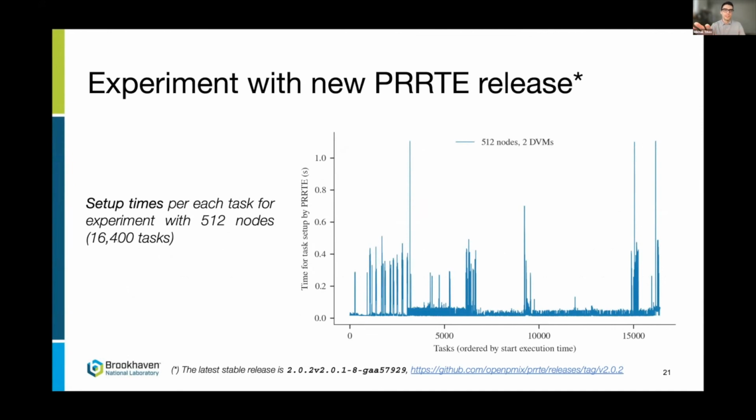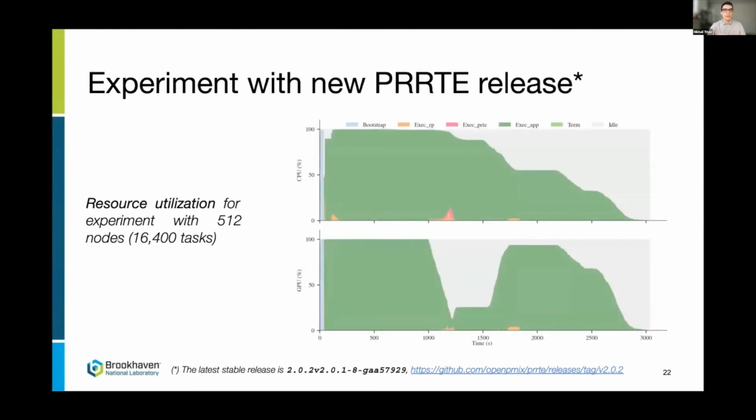It was the same experiment setup, and significantly better results. And with the resource utilization here, you can see a really small amount of pink, which is what PRRTE introduces to the whole execution process.